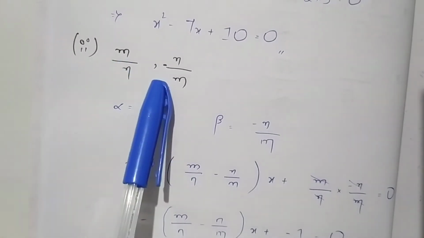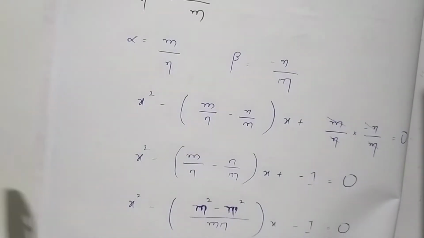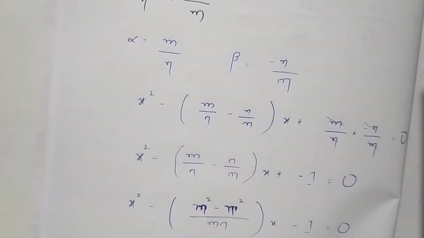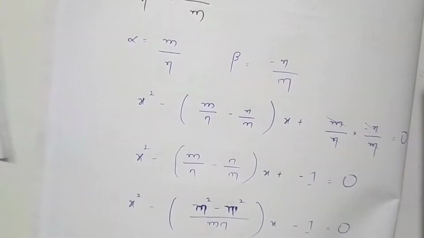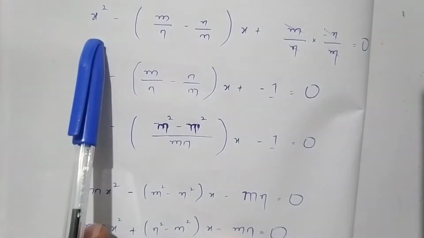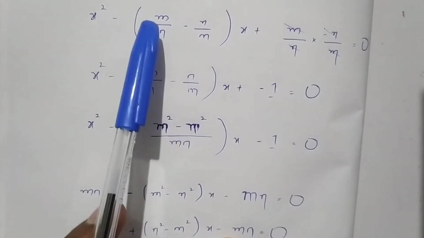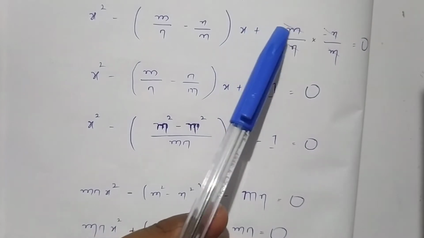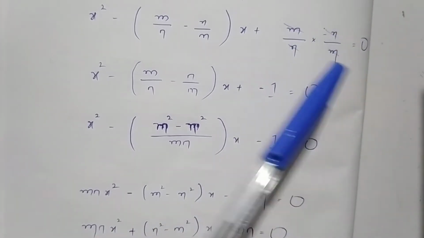The second question given has the root values m by n comma minus n by m. So the value of alpha is m by n, beta is minus n by m. We substitute the values of alpha and beta in this equation. So x square minus (m by n minus n by m) into x plus m by n into minus n by m is equal to 0.